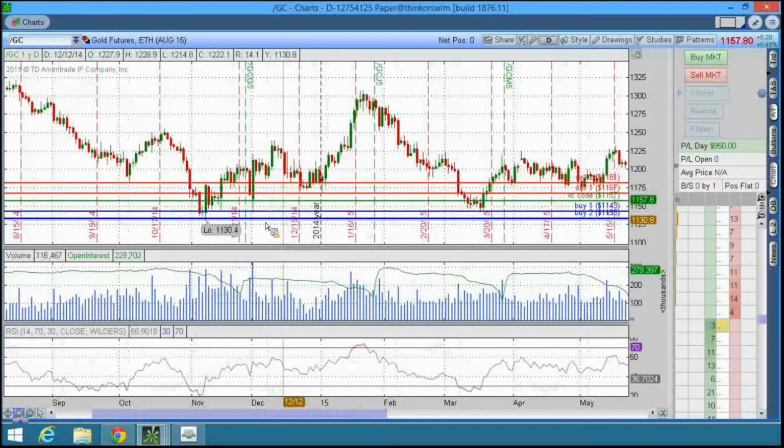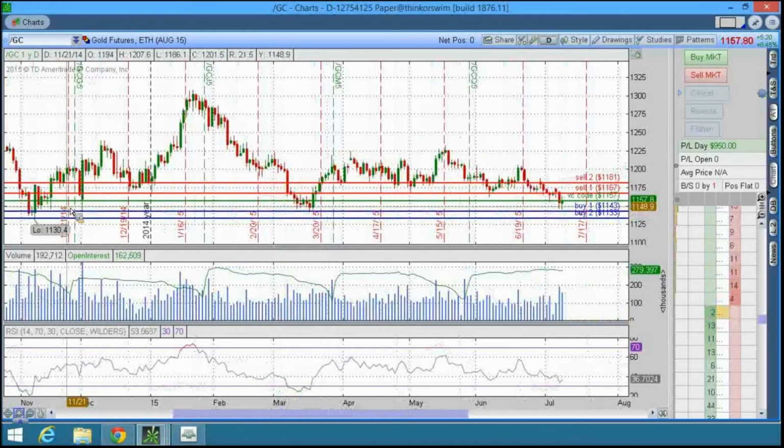And I think, based on what's going on in the rest of the world, if you take a look at the price of gold in terms of US dollars, we pretty much have been in a flat range since November of 2014.